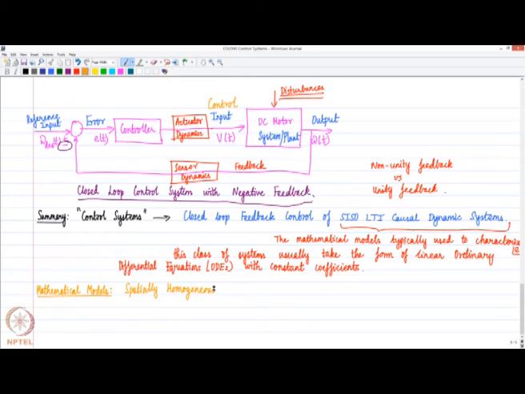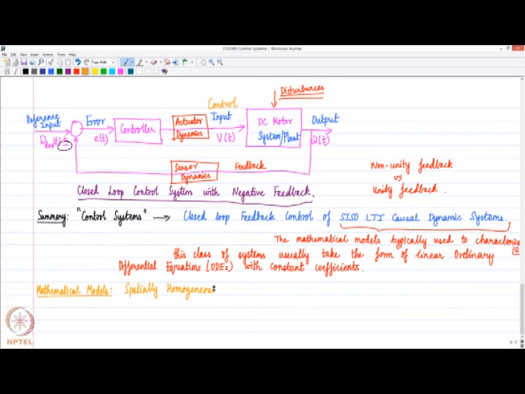For example, let us say I want to analyze the variation of temperature of air in this room. Obviously the temperature of air in this room can be different depending on the point where I am measuring and also the time at which I measure. But then what we do is lump the temperature of all the points in this room into a single entity which can be represented as a function of time.